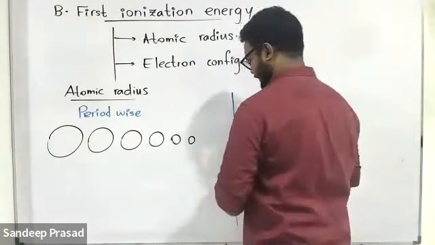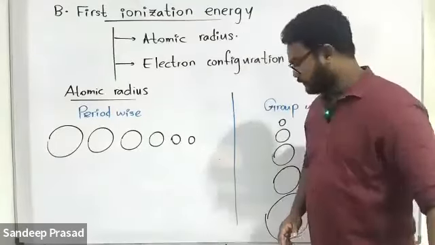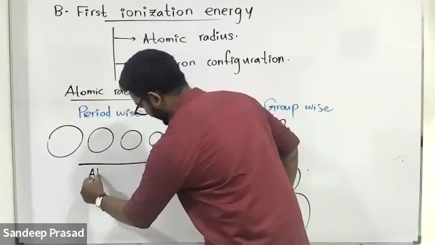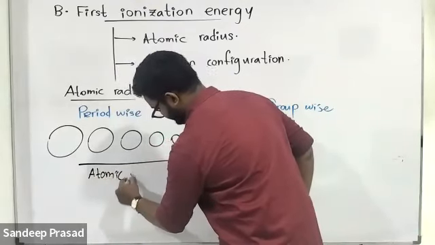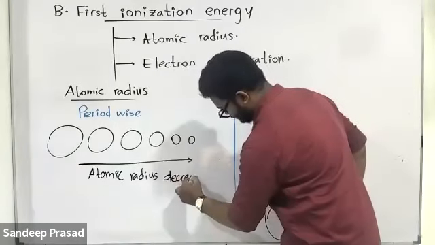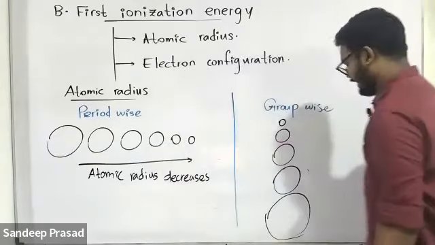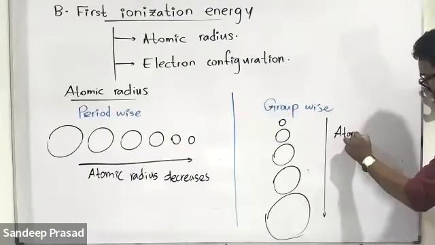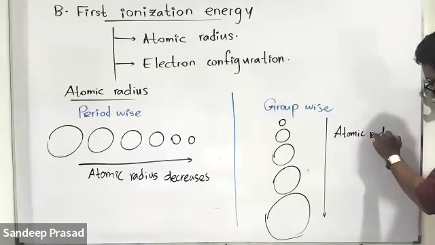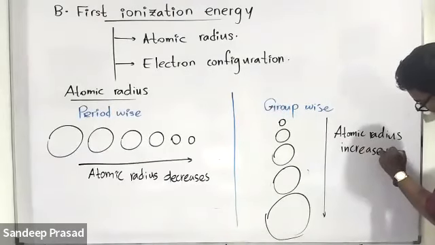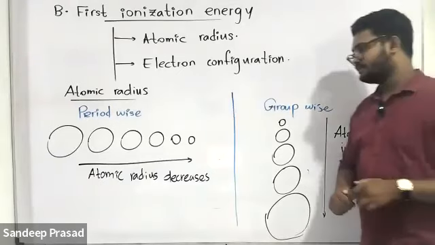So along a period from left to right, atomic radius decreases. In this direction, atomic radius decreases. And here, down the group, atomic radius increases, right?